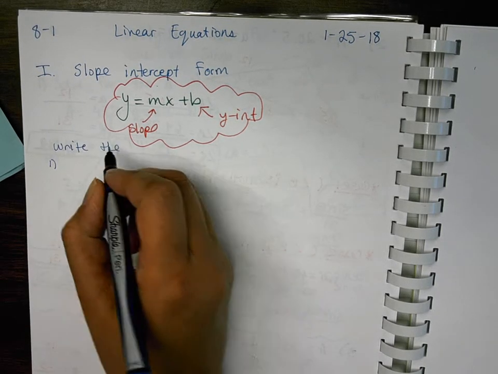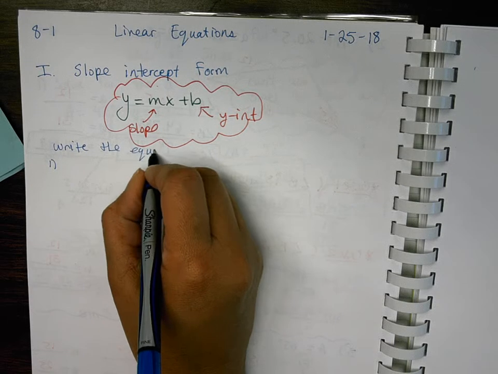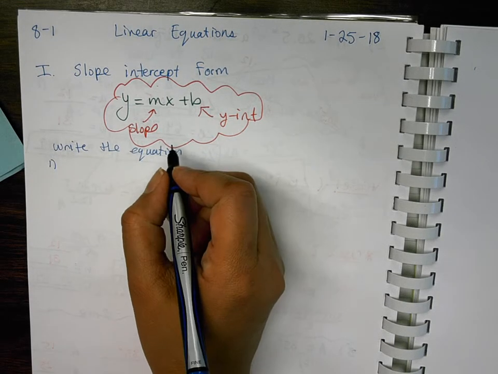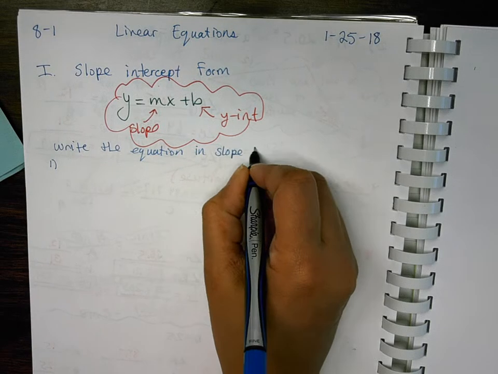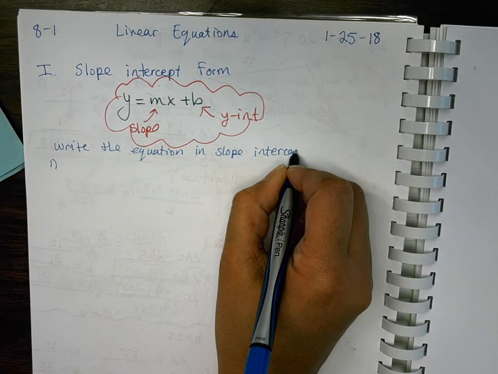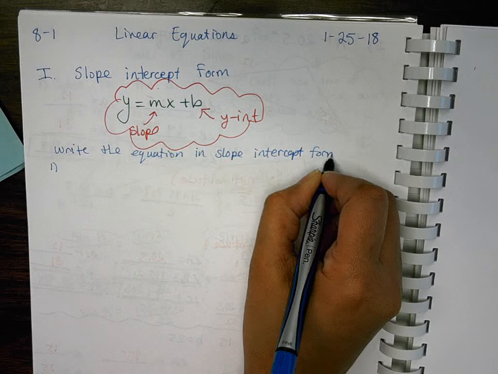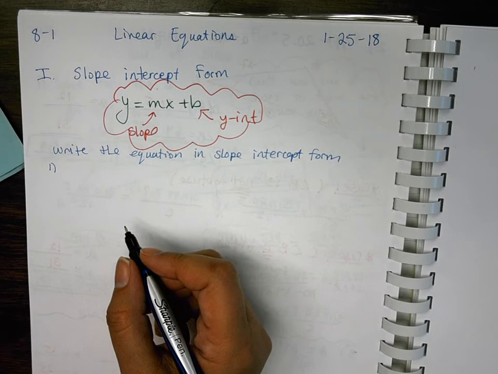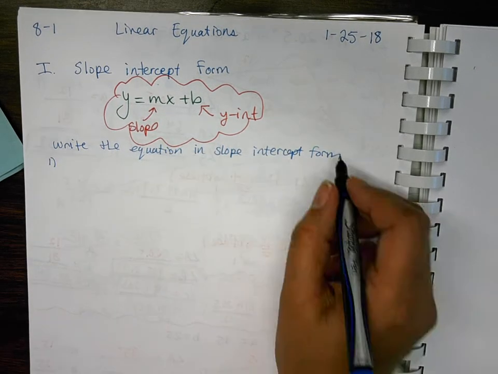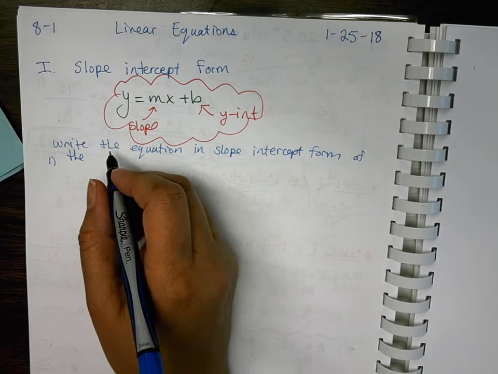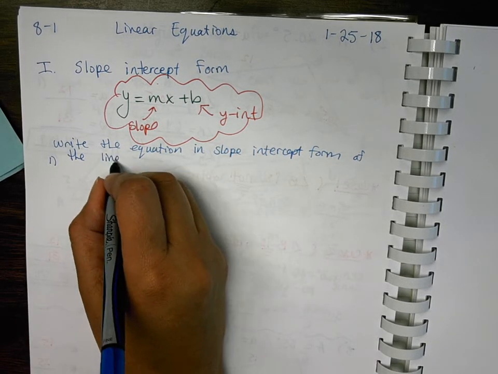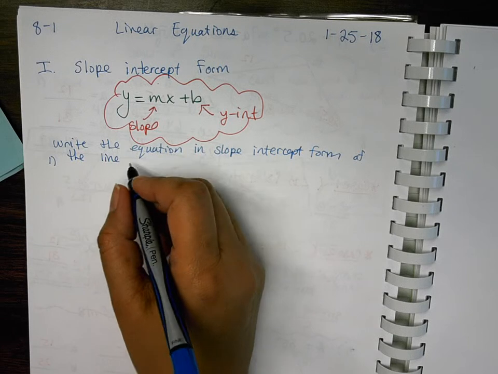Write the equation in slope-intercept form of the line with the given info.